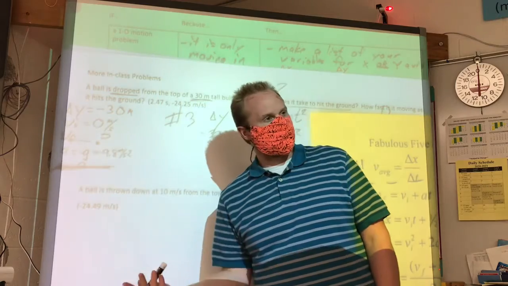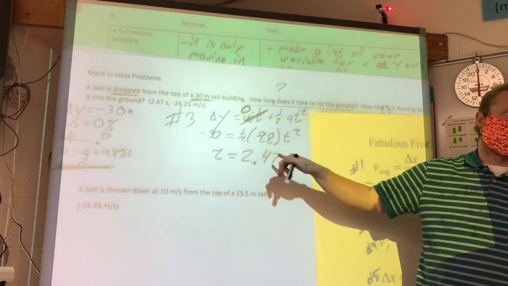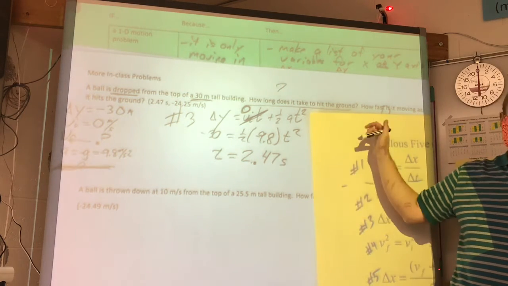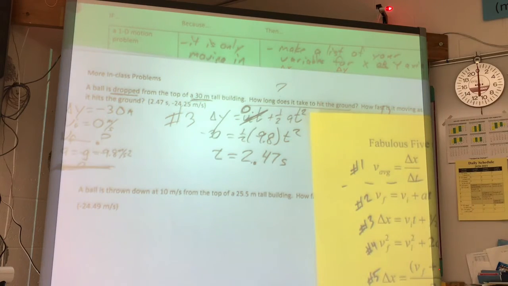Maybe in this case it is exactly 2.47, but these are rounded numbers sometimes, and to use a rounded number in the next problem is maybe not the best choice. So as often as I can, that's what I'll do in a sequence of problems. I'll try to make the choice of equation that doesn't have it.